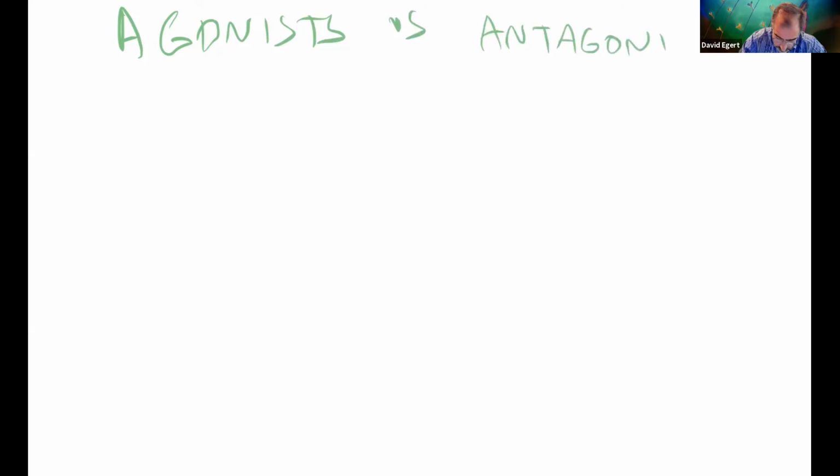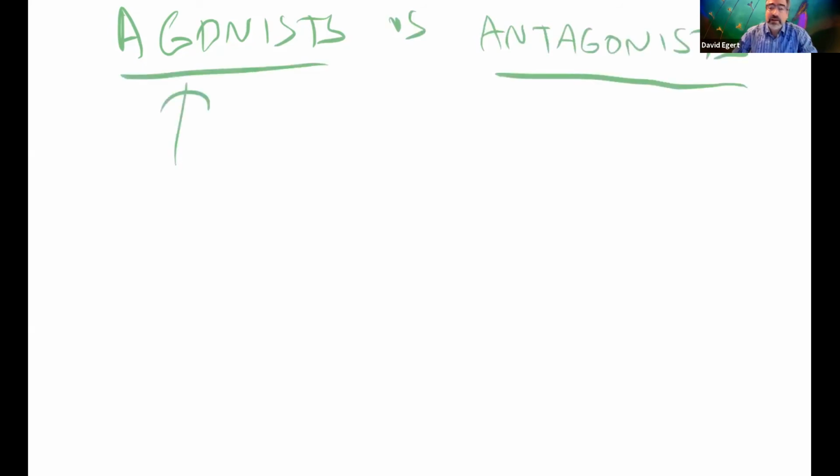Actually, let's start with agonists. Just because you bind the receptor doesn't necessarily mean you're going to activate it normally. So if I have an exogenous ligand and it binds the receptor and it activates it, we say that's an agonist.